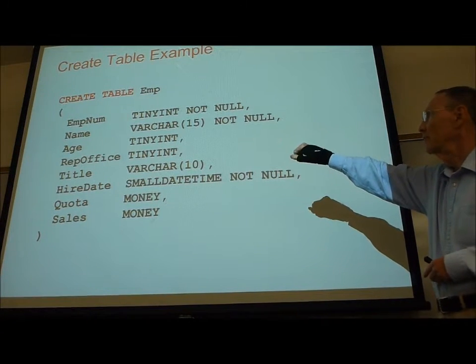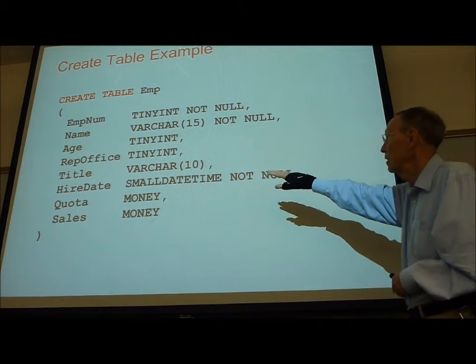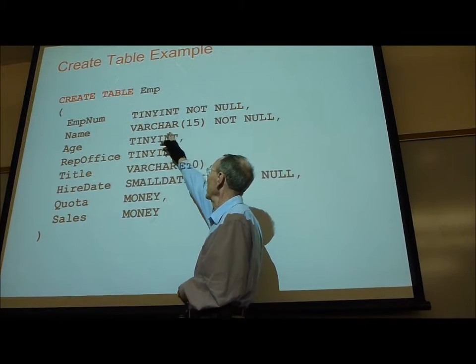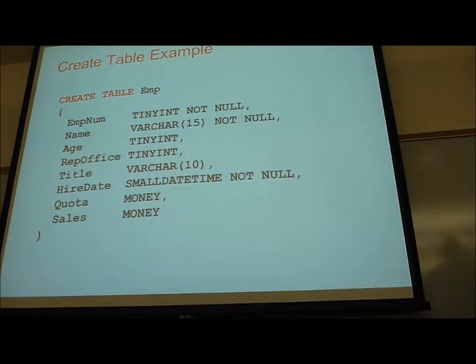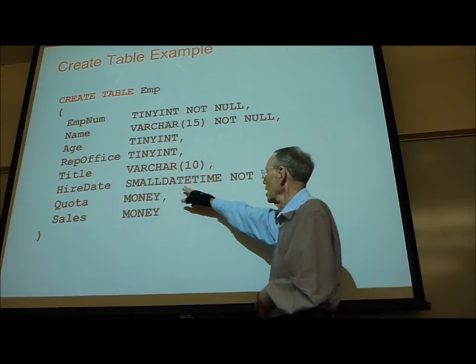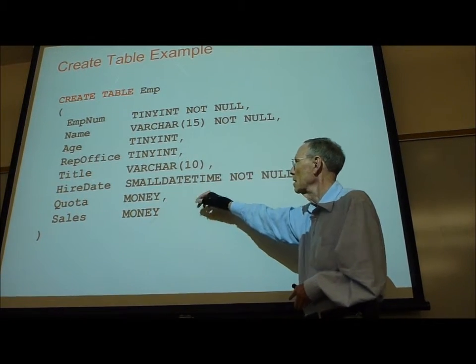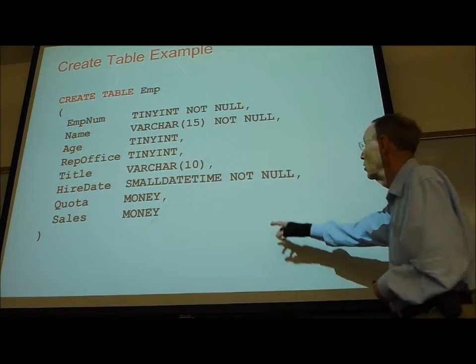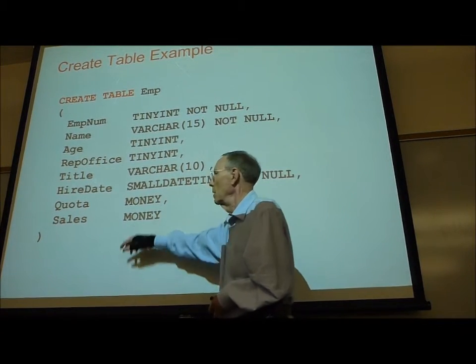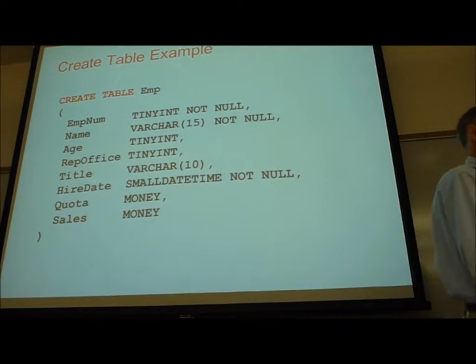I have different types of integers. I got tiny integers in this one. I can have a variable character, which means I can store variable versus fixed character. We'll talk about that. Small date and time. Okay, we have a date and time.